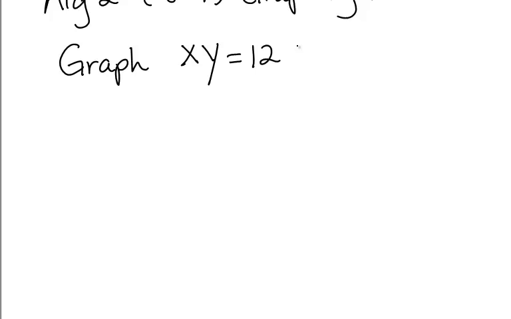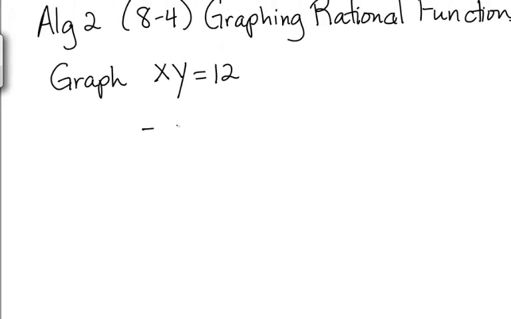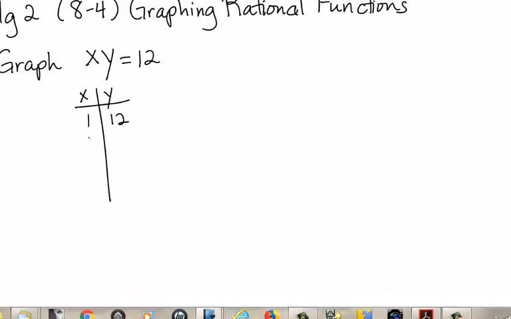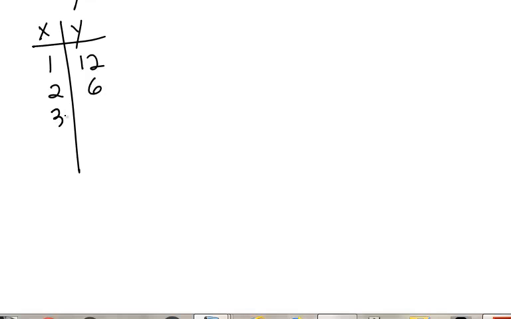And you could solve for y, you could divide by x on both sides, but instead of doing that, to make a table of ordered pairs, we're just going to do integers, two numbers that multiply together give you 12. 1 and 12, 2 and 6, 3 and 4.